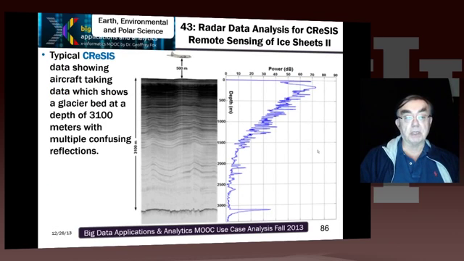Here's a typical example of glacier bed with lots of confusing additional signals. Here's the real glacier bed at the bottom here, 3,100 meters. And here's the aircraft taking the radar 500 meters above. In this particular case, the goal is to identify this bed.